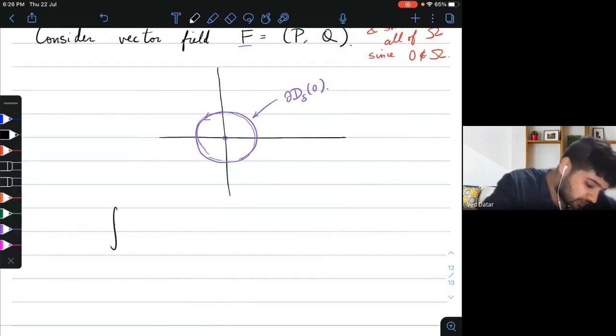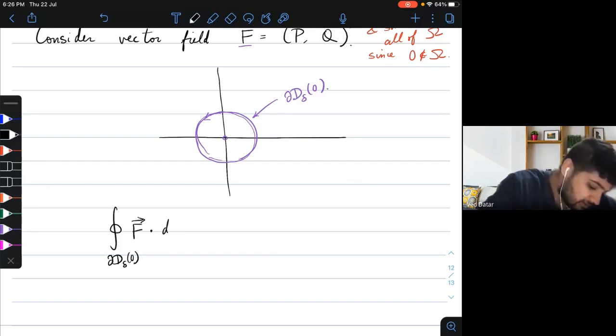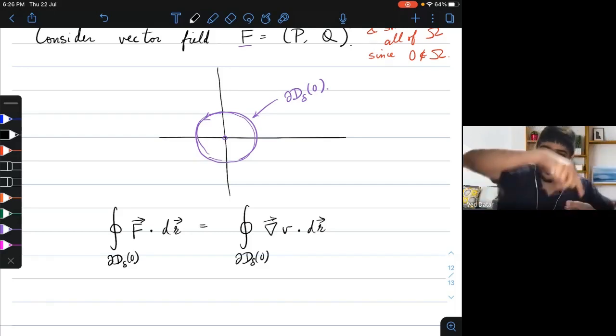So if I compute the line integral going around this circle, this is the same as the line integral of the gradient of v. And what do you know about line integrals of gradients along closed paths?